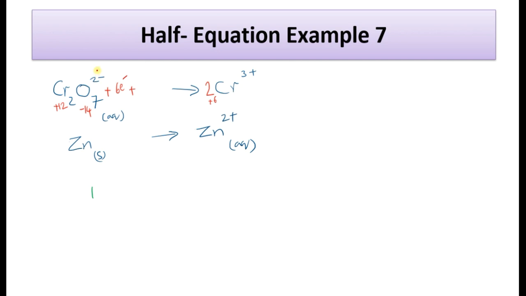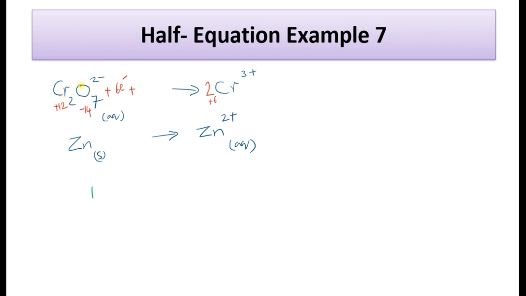The overall charge being minus 2 over here. So this has to be plus 12, so that's going to plus 6. So I put 6 electrons here. Up to that is the same as what we've been doing so far. Now I want to look at the overall charge on the left hand side. I'm only looking at the charges here, not the individual atoms and ions.